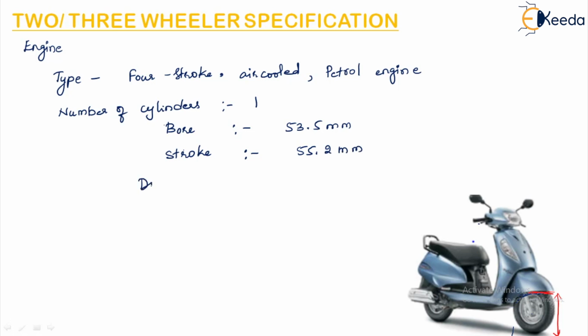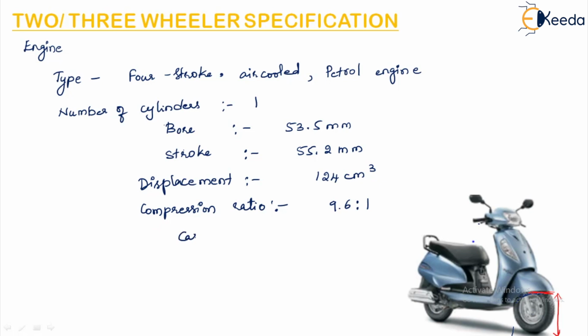The displacement of this vehicle is 124 cubic centimeters. Compression ratio of fuel required. So the compression ratio required is 9.6:1.